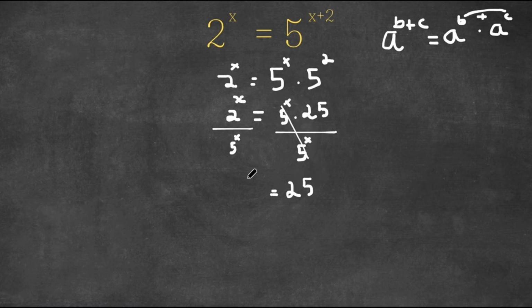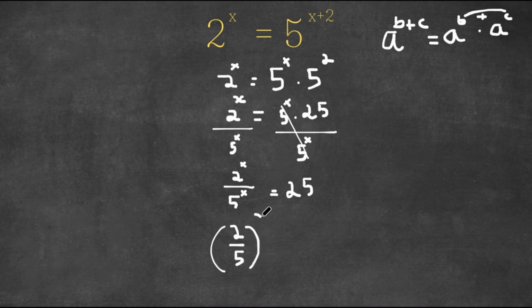And on our left-hand side, we'll have 2^x over 5 to the power of x. And this can actually be written as 2 over 5, whole power x. And this is equal to 25.